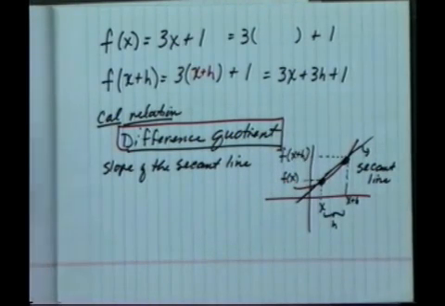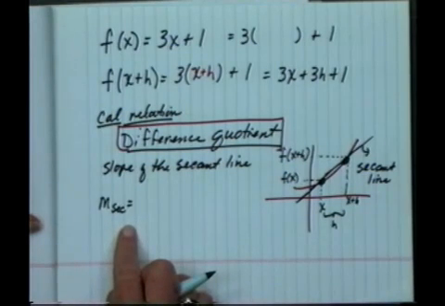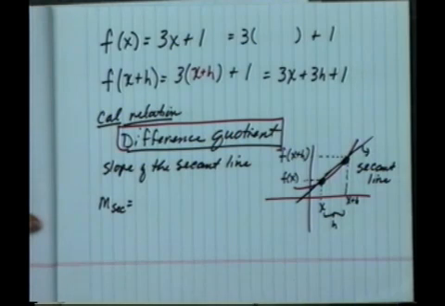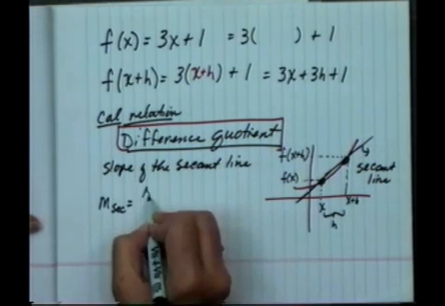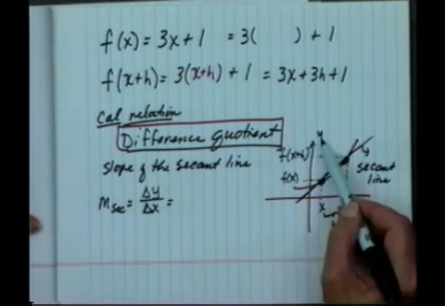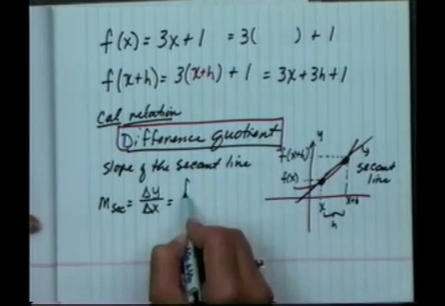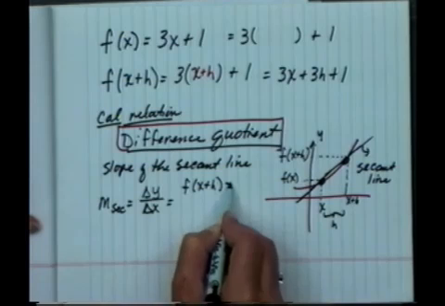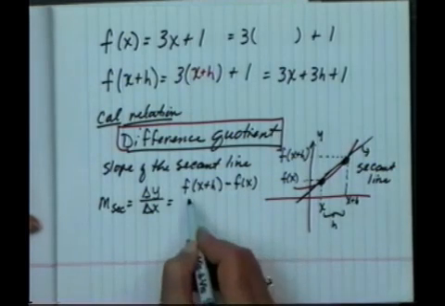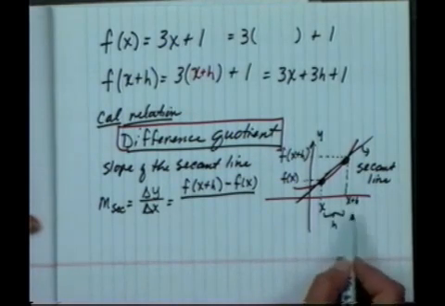All right, so how do you find the slope of a line? And in this case, it's going to be the slope of the secant line. How do you find the slope of a line in general? Rise over run, which is really change in y values over change in x values. Here are my y values, f of x plus h and f of x. So the difference in the y values is f of x plus h minus f of x. And then the run is the difference in the x values.